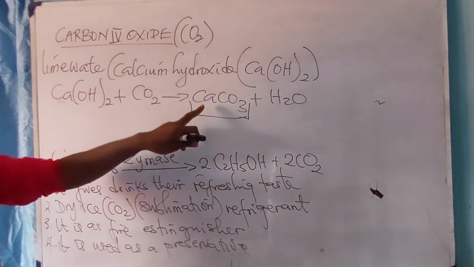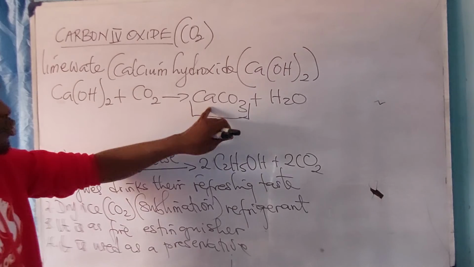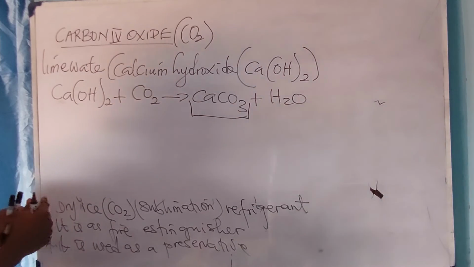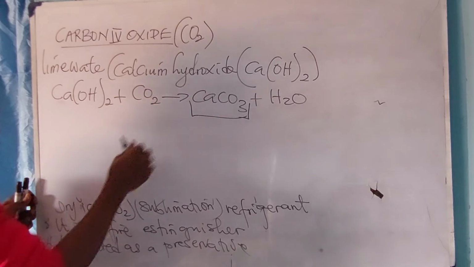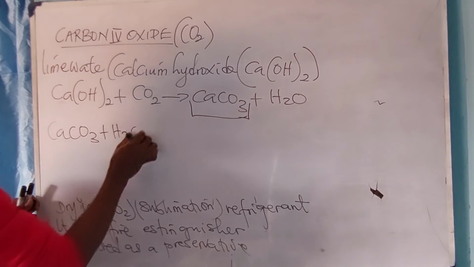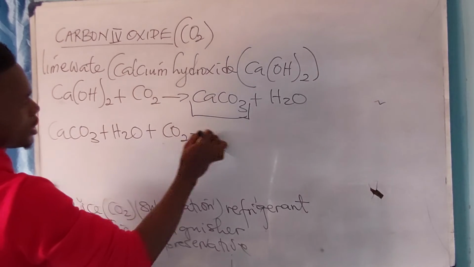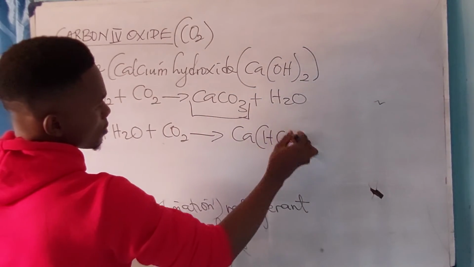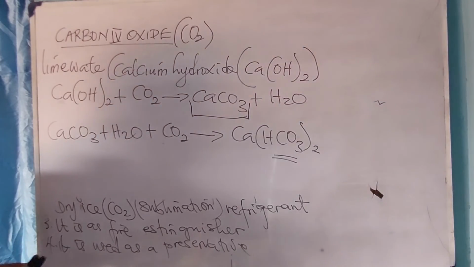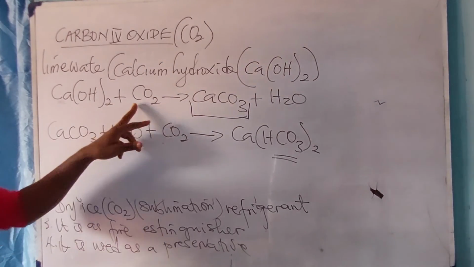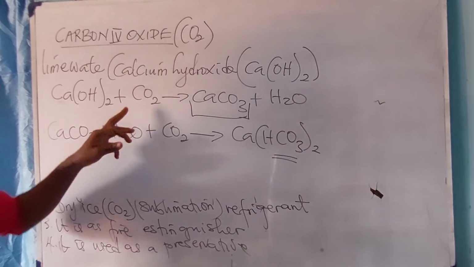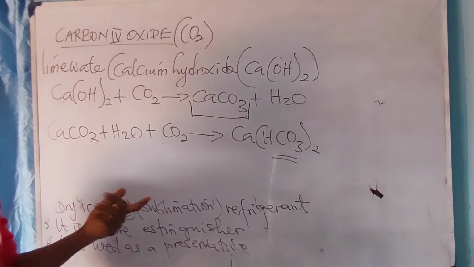However, if this carbon 4 oxide is passed through this lime water continuously, which means continuous bubbling, this constituent will become colorless, which means I now have CaCO3 plus water plus carbon 4 oxide producing a colorless constituent, calcium hydrogen trioxocarbonate 4. So the confirmatory test of carbon 4 oxide is that it turns lime water milky because of the deposit of an insoluble carbonate, but when passed continuously it becomes colorless.